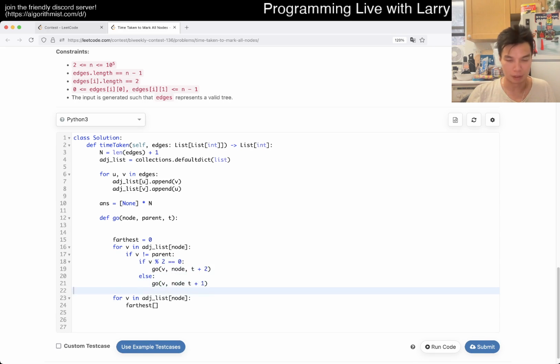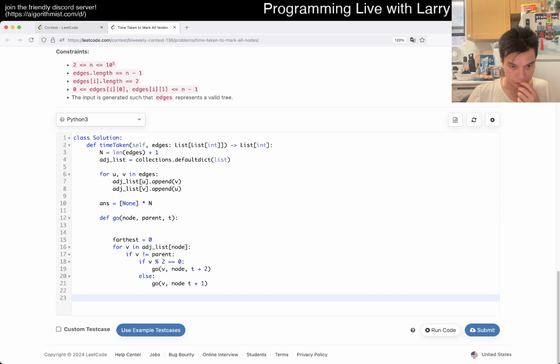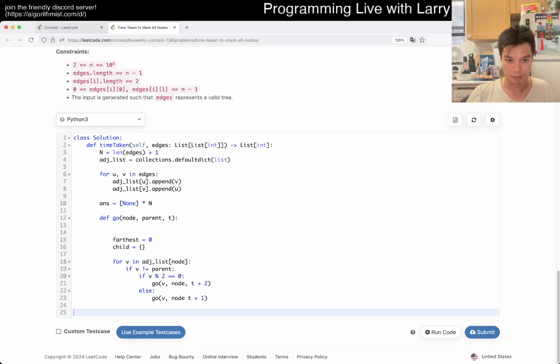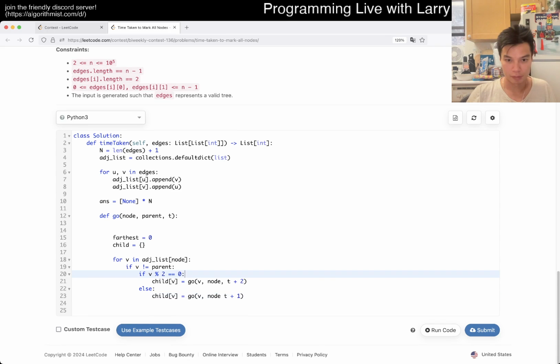I'm writing it like a new, but that's okay. Okay, so then now we have to do this. Alright, let's just write it out. And it's just like this.